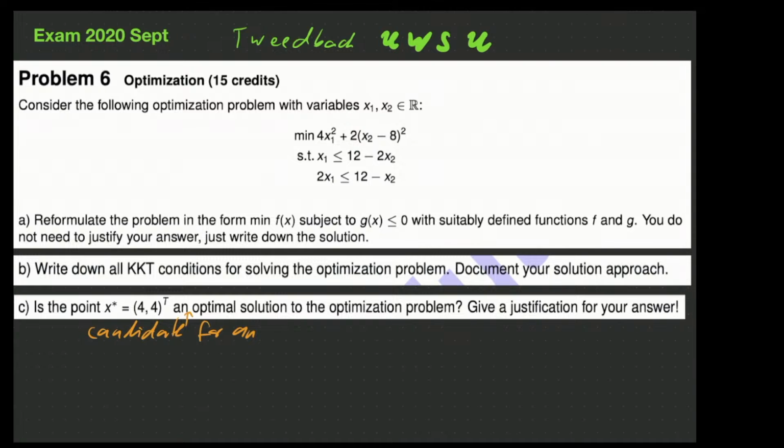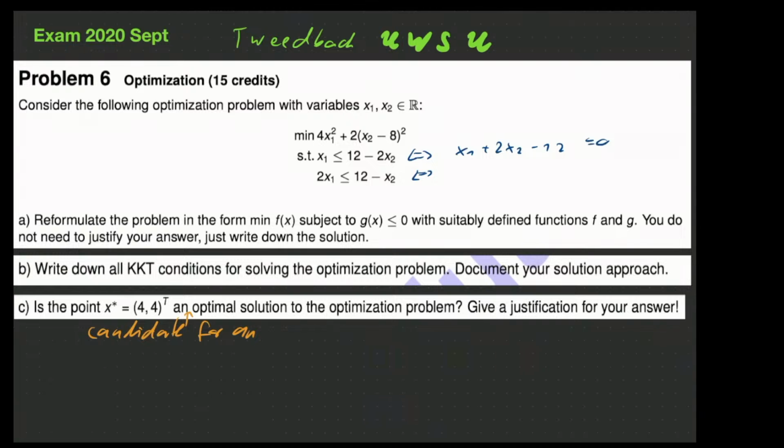Those two constraints here basically have the same form as the two last constraints of the last problem, right? So again, if we reformulate those slightly, let's just do that quickly. You would rewrite that as x1 plus 2x2 minus 12 is less or equal to 0.